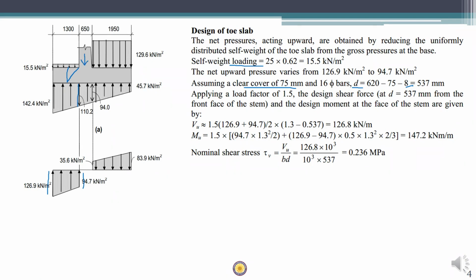So this stem is offering a compression force, transverse compression, hence the crack propagates in the toe slab at a 45-degree angle. Hence the critical section is taken at d distance away from the face of the support.